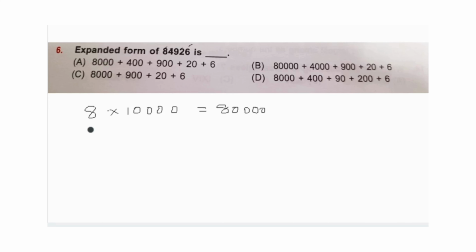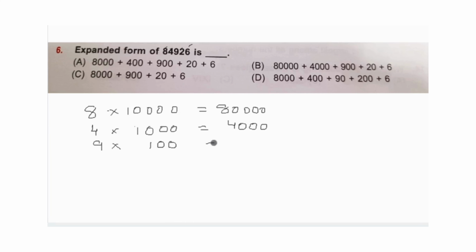Now let's look at the place value of 4. 4 is in the thousands place. So let's multiply 4 by 1000, which gives us 4000. Now the next number is 9. 9 is multiplied by 1's, 10's, 100. The place value of 9 is 100.